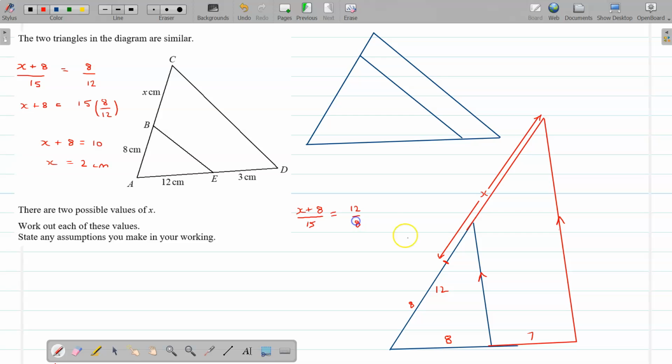Because I'm now comparing this 12 with this 8 and making the larger triangle similar to that one.